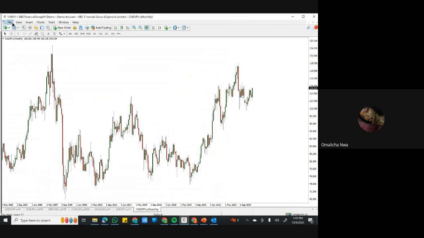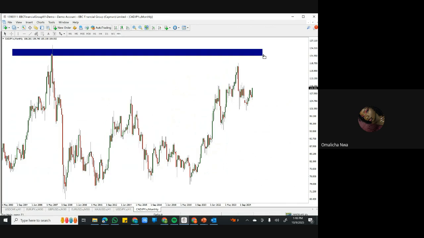Let me identify areas of support and resistance on this chart using a blue rectangle. I want to show you something. So this is an area of resistance. Resistance is at the top. Support is at the bottom.